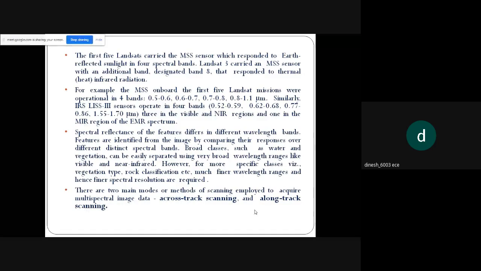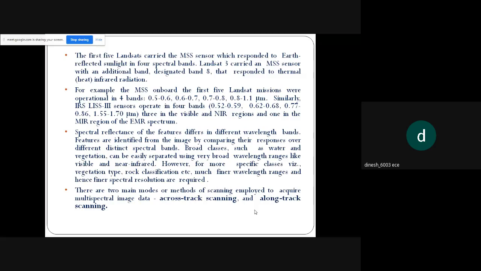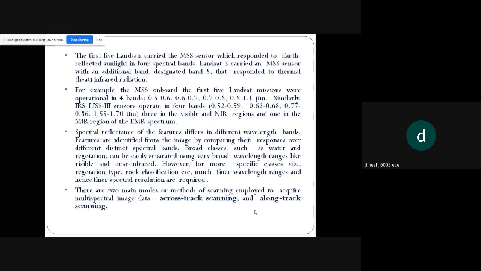The broadly classified systems for them are water and vegetation that we had seen in the previous classes: in which region water has the highest reflectance, how dry vegetation and wet vegetation behave, and the spectral reflectance characteristics at different wavelengths.